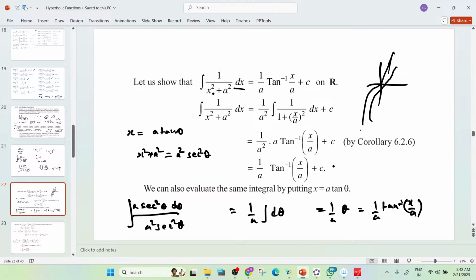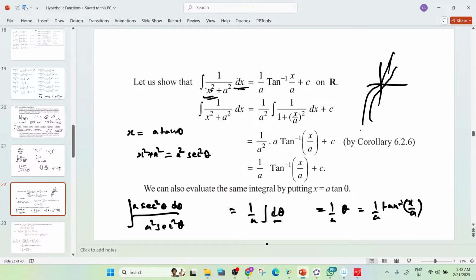So how did we get this? Ideally, what is substitution? You want to simplify this to a known function. Our known function here is the integral of d theta. We want to reach here.